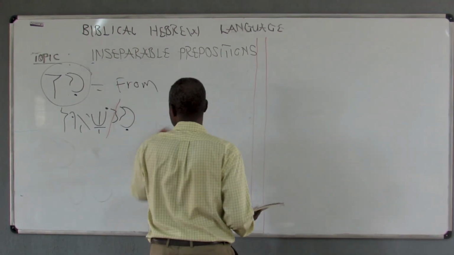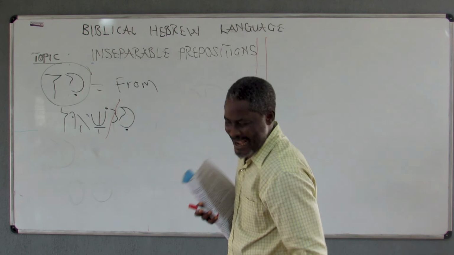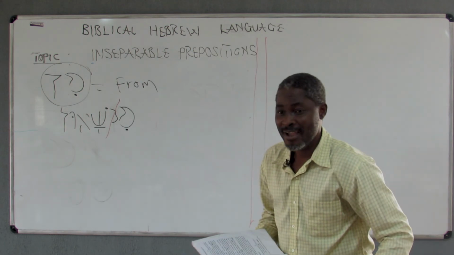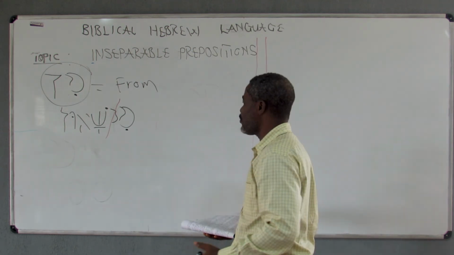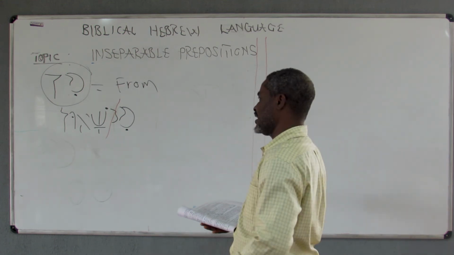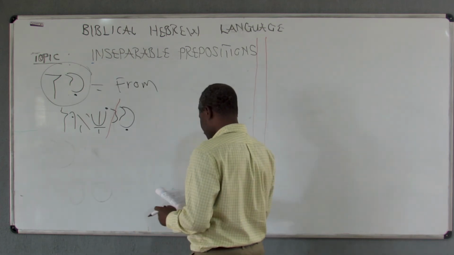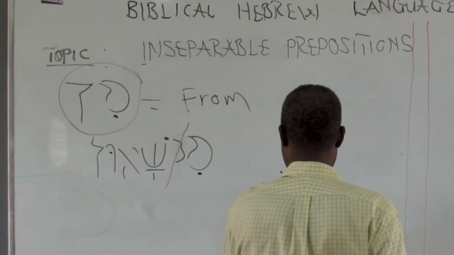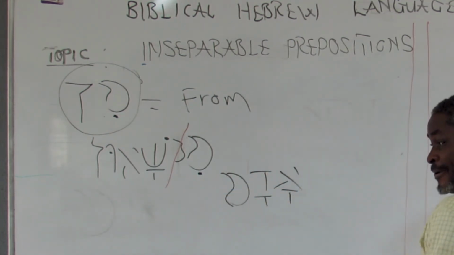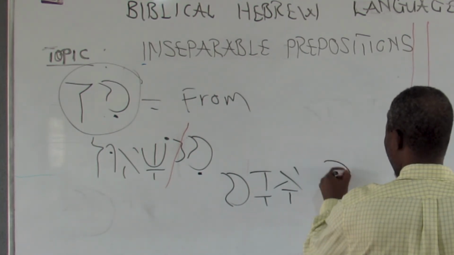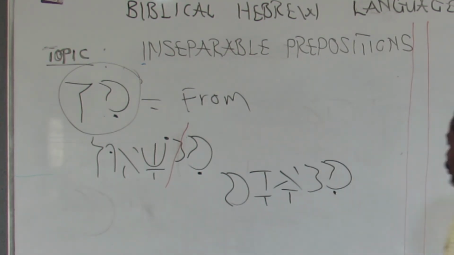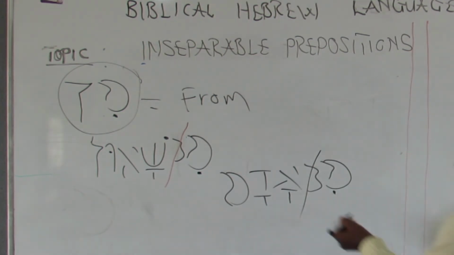But we need to remember that this principle cannot be applied to a letter that begins with a guttural, because a guttural cannot be doubled. When you put min and you drop the nun, you cannot compensate for the nun that has been dropped by putting a dagesh forte in the next letter, which begins with a guttural. For example, you have Adam, which means man. You now want to say from man. First of all, it is min Adam. But you drop the nun, and you need to compensate for it.